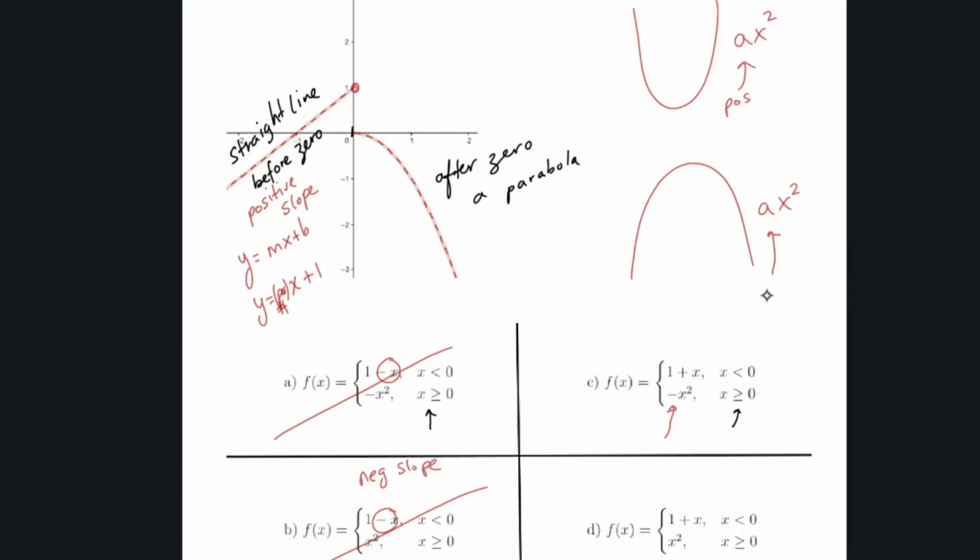It's downward facing if the constant in front is negative. So of the two of them, I believe our graph looks most like this portion, right? So that tells me we're looking at a negative number in front, which means D is not the answer because it's positive. So the branch of our function should be negative x squared, and that's where C is our answer.